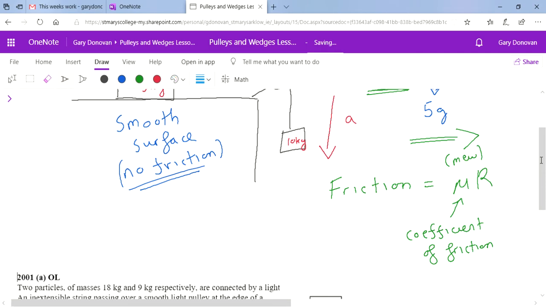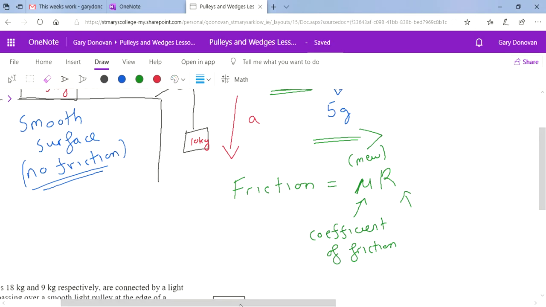It's kind of like a U with a little tail here. And R stands for the normal reaction force.